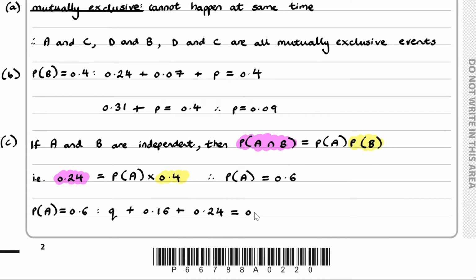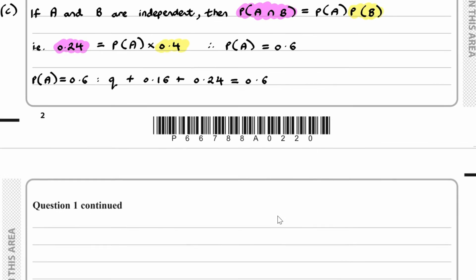All this is equal to 0.6. So simplifying all this, we have Q plus 0.4. This is equal to 0.6, and therefore Q is equal to 0.2.